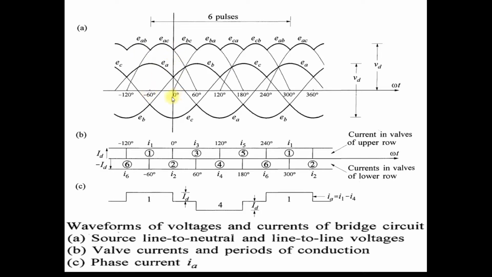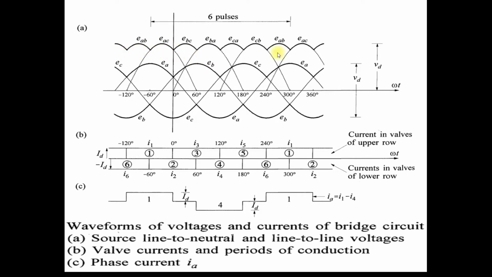So at every 60 degree you get another line to line voltage. Whatever the average of this EAC is, the same average you get for EBC, because the waveform duration as well as magnitude is the same. So for one complete cycle, to derive the average value you require only the average of one line to line voltage. Clear?